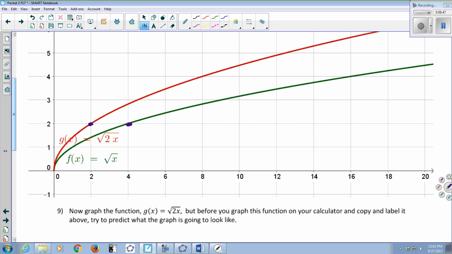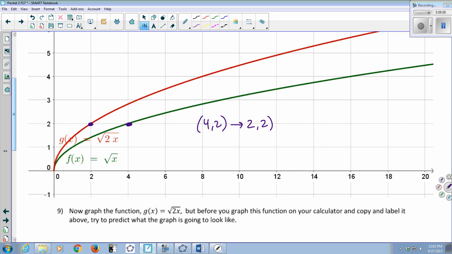On f, the x value that gives 2 is 4, but on g, the x value that gives 2 is 2. So my f point is (4, 2), and my corresponding point on g is (2, 2). So those are the 2 points on f and g with the same y value.